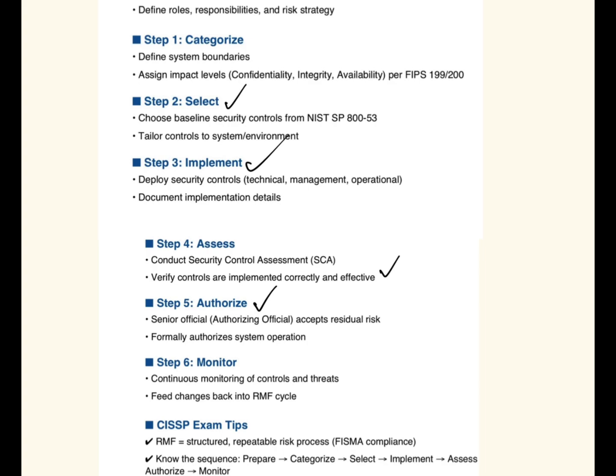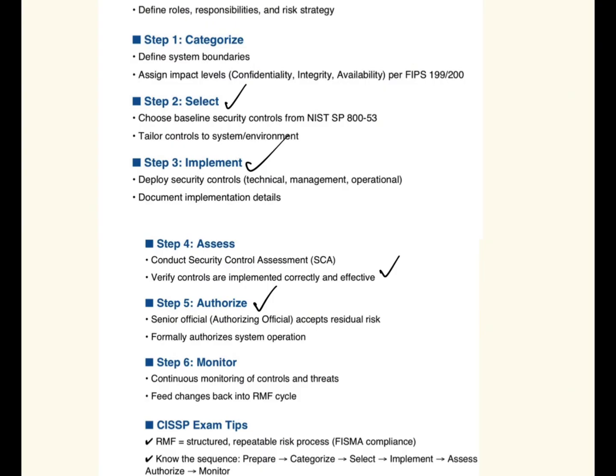Step five is authorize. The authorizing official, a senior official, accepts residual risk. A senior official reviews risks and formally accepts the residual risk before operation. Someone with authority must take responsibility for saying, yes, we can use this system despite some remaining risk.